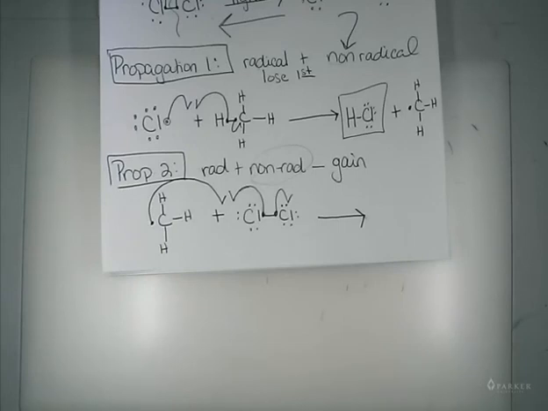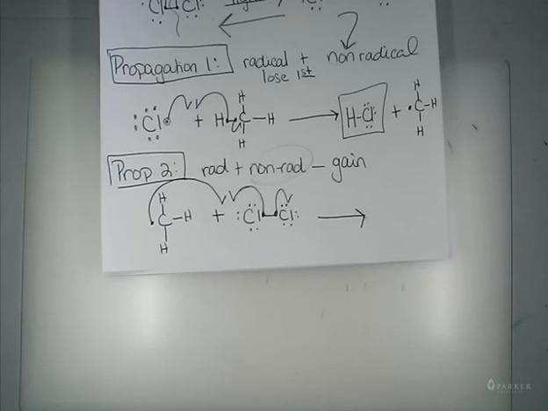Okay, I guess the term that's confusing me then is a radical always joins the non-radical. No. A radical and a radical can join, and we're going to call that termination. We just haven't done that step yet. But to actually call a reaction step, a mechanism step, propagation, that's when a radical reacts with a non-radical.